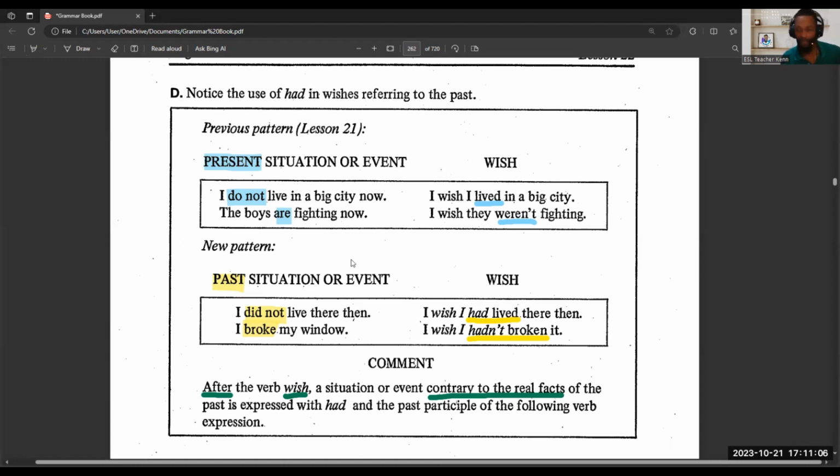So again, I'm going to go ahead and read the examples, both in present and in past. The present situation or event and the wish would be, I do not live in a big city now. So I do not live is in present. You're going to wish for the opposite and in past. You would say, I wish I lived in a big city.